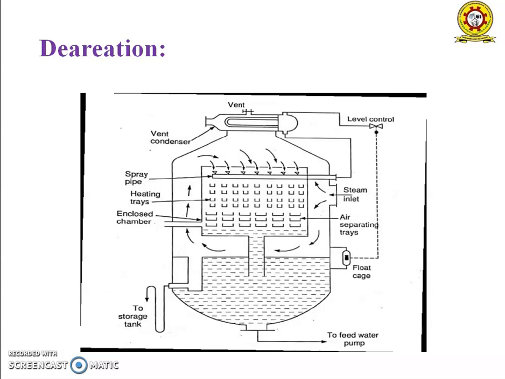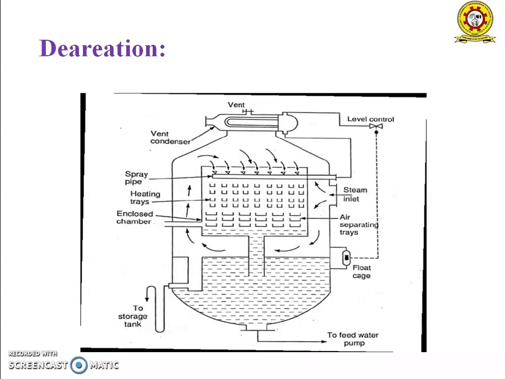This block diagram contains spray pipe, heating trays, enclosed chamber, steam inlet, air separating chambers, float clutch to feed water, level control, vents and vent condenser to the storage tank. So these are the components of the deaeration method.